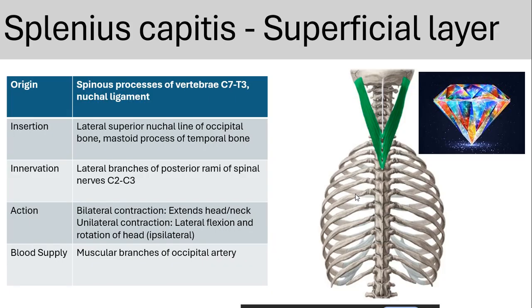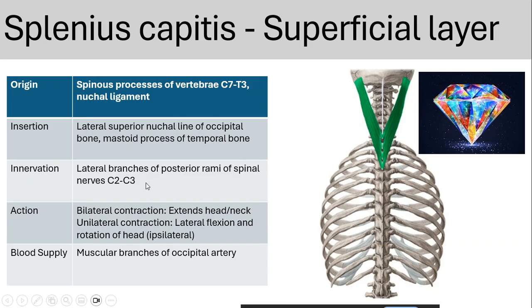Splenius capitis, superficial layer, right? So this is the splenius capitis. Origin: spinous processes of vertebrae C7 to T3, nuchal ligament, right? So this is where the origination is, C7 to T3. Insertion, lateral: superior nuchal line of occipital bone, mastoid process of temporal bone, they're talking about right here.